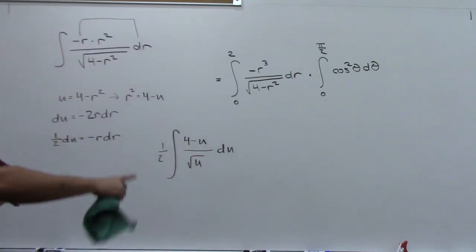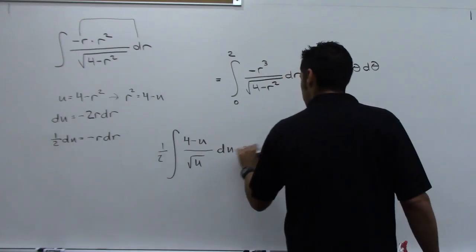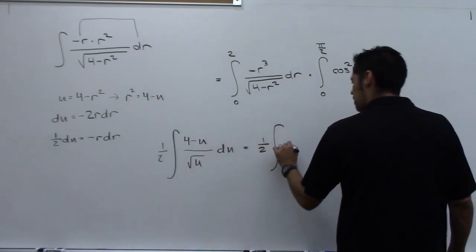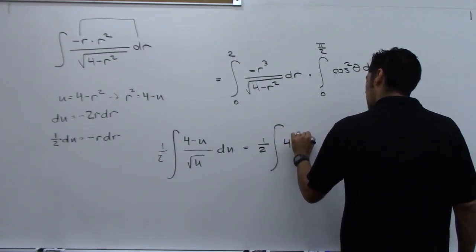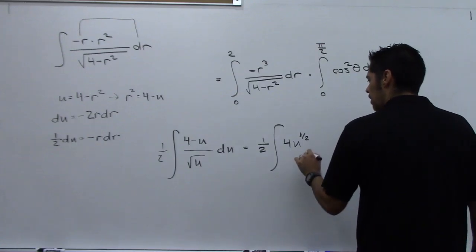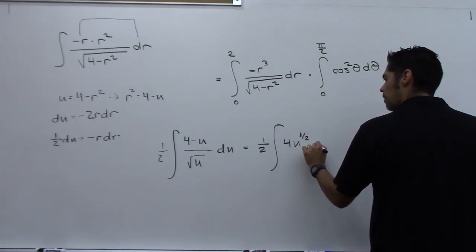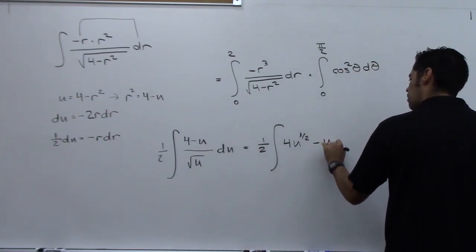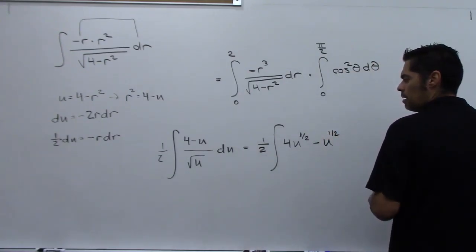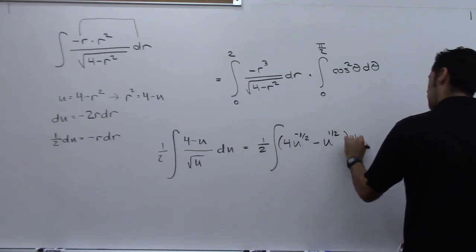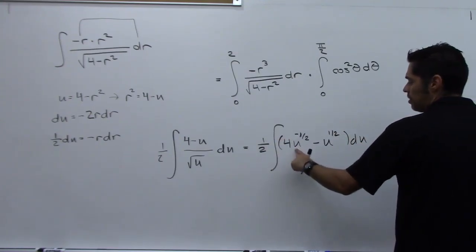And you can split that into two different problems. So 1/2 integral 4 over this root is the same as 4u to the negative 1/2. And then minus u over root u is u to the 1/2. Negative 1/2 here, sorry. And then du. All right, now we just do some antiderivatives.